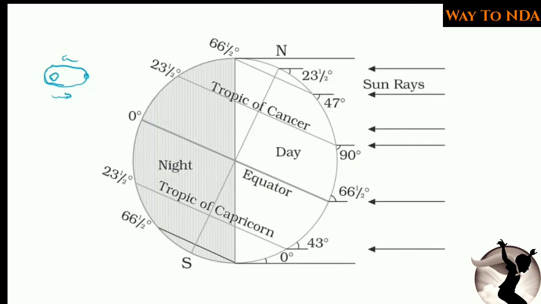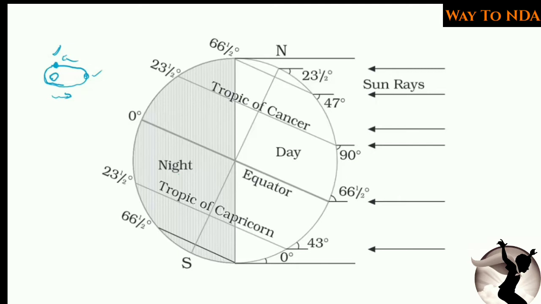Now this is the farthest position of the earth from the sun, and in this case earth will receive less energy. But there will be a time when earth will be closest to the sun, that is, it will be here. So at this time earth will receive a greater amount of energy. Now this is called aphelion or perihelion.